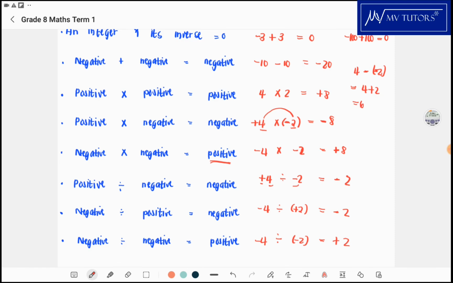All right, so yeah, 2 negatives next to each other turn into a positive. 2 positives next to each other remain positive. A positive and a negative, well, if you're multiplying them, they'll give you a negative. A negative and a positive will give you a negative. I hope that makes sense, and I hope you have grasped it, because you're going to be seeing a lot of these kinds of calculations, and you need to be sure that you understand.